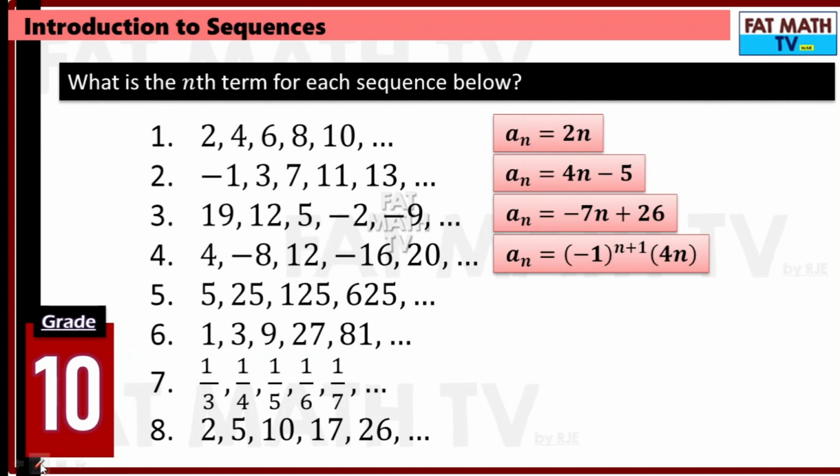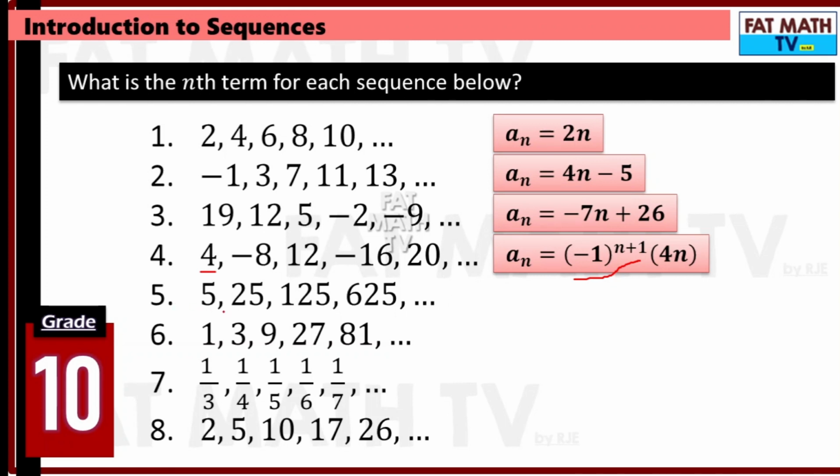Because negative 1 raised to n plus 1 will make the signs positive, negative, positive, negative. The first term is positive, so if n is 1, it has to be an even exponent so that this whole thing will be positive.